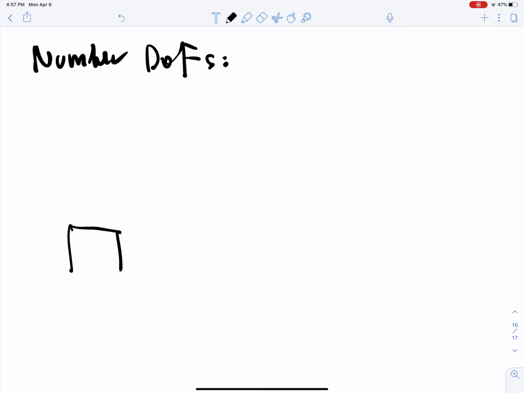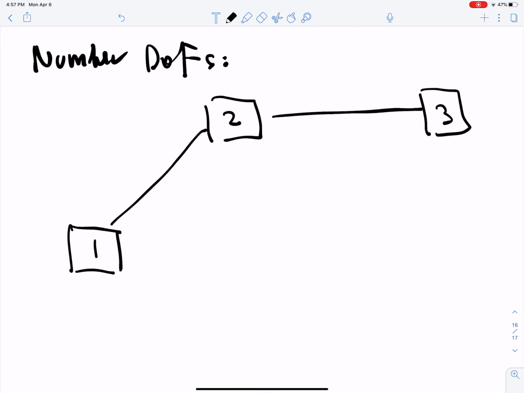So the first thing to do is to number the degrees of freedom, the DOFs. This is node 1, this is node 2, this is node 3. This guy is fixed, and this guy is fixed. So there are no 3 degrees of freedom at node 1.